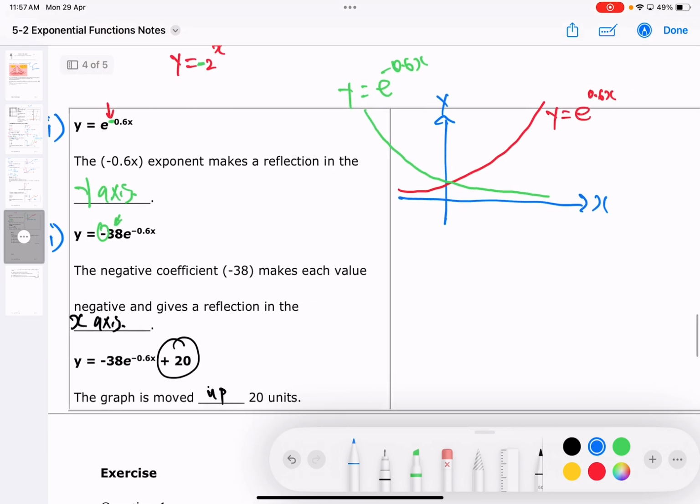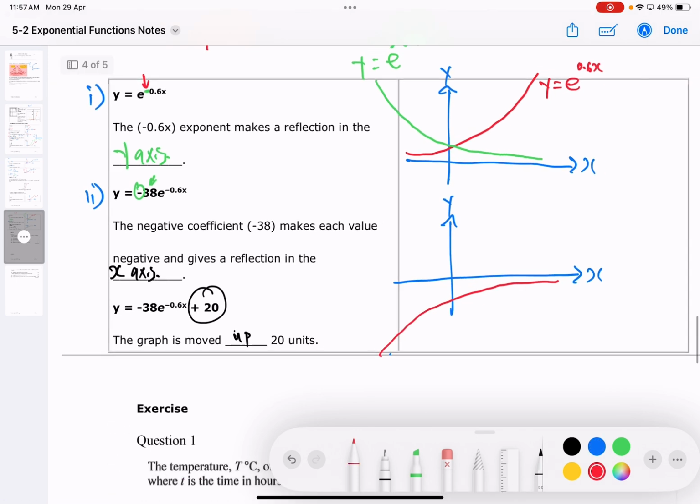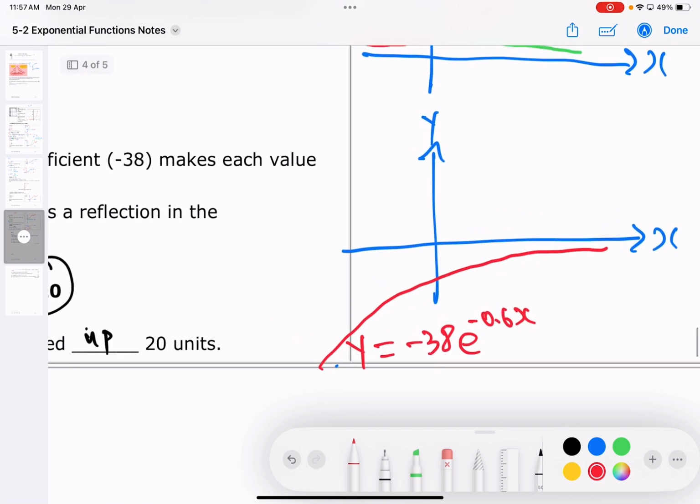If this is a negative, basically I am going to have it as a reflection. So I have a y and an x. A reflection means it is going to look like this. So this is y equals negative 38 e to the power of 0.6x. And when my x is 0, here is basically negative 38.